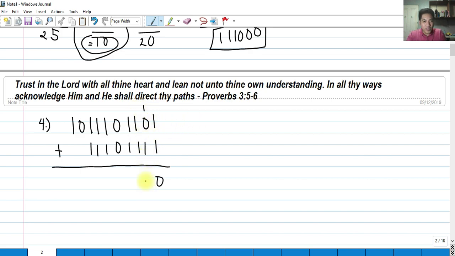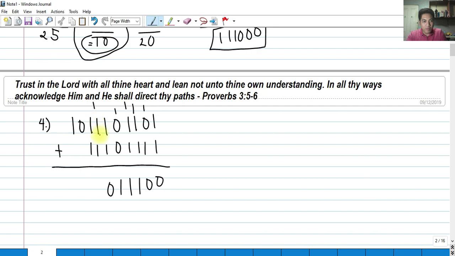Then we have 1 plus 1 is 0, carry 1 again. 1 plus 1 is 0, carry 1, which is 1, 0. Plus 1 here is 1, 1. So we have 1, carry 1 here. Again, we have the same series of adding as in this term. So that is 1, 1; 1, carry 1. So we have 1, 0, 0. 1 plus 0 is 1. 1 plus 1 is 0, carry 1.